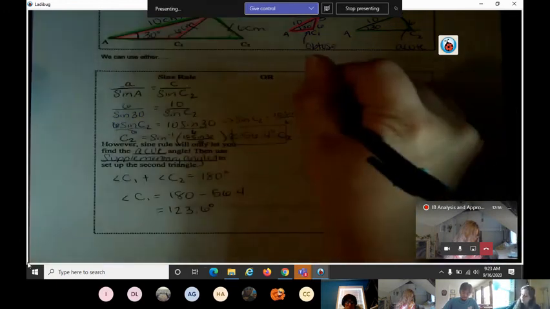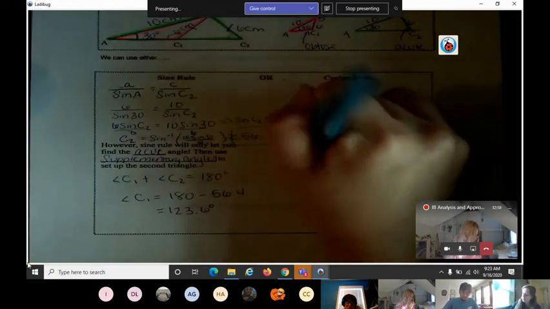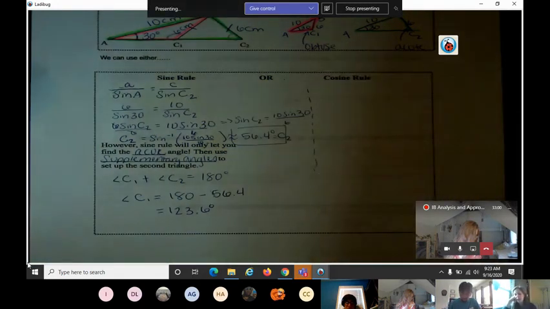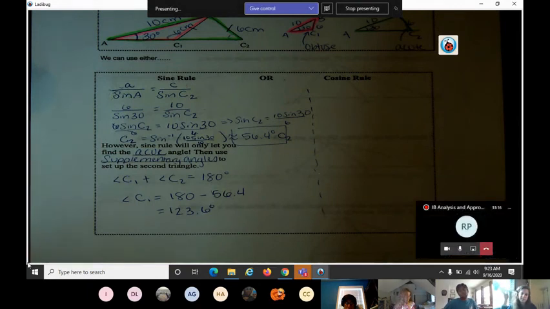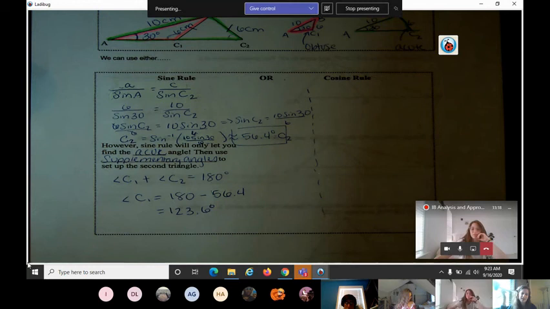And that's where the cosine rule is going to come in. Are there questions before we start that section of the notes? Caroline, you good? Yeah. Okay.